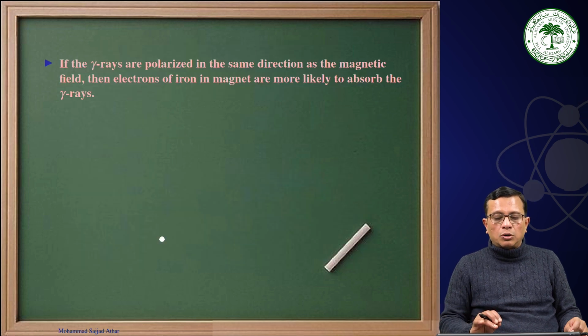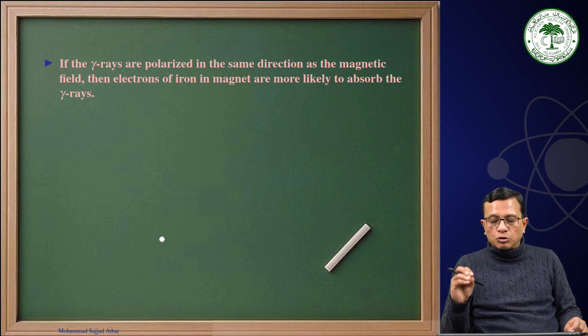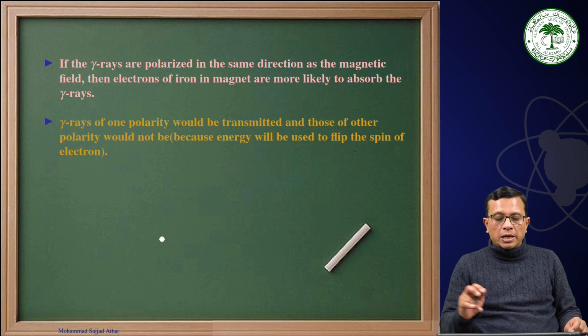Now, if this is so, that means if the gamma rays are polarized in the same direction as the magnetic field, then electrons of iron in the magnet are more likely to absorb the gamma rays. Gamma rays of one polarity would be transmitted.